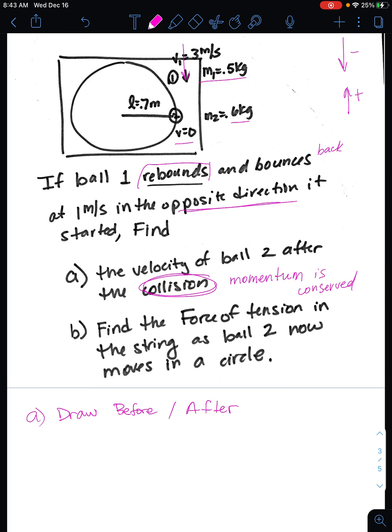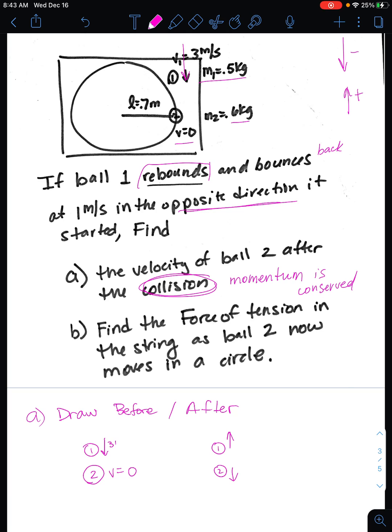So before they collide, I have object 1 moving downward and object 2 at rest. And after they collide, I have object 1 bouncing back in the opposite direction. And object 2 is now going to start moving downward to make sure that my total momentum stays constant.